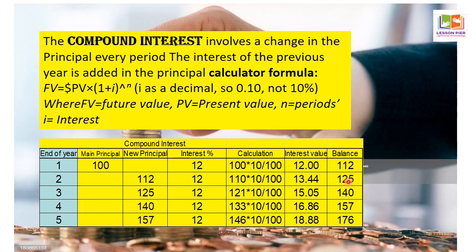Similarly, this 125 becomes the third year's new principal. So interest is the same 12% on this principal. Now the value is 140. The same 140 becomes the new principal of the fourth year, right?